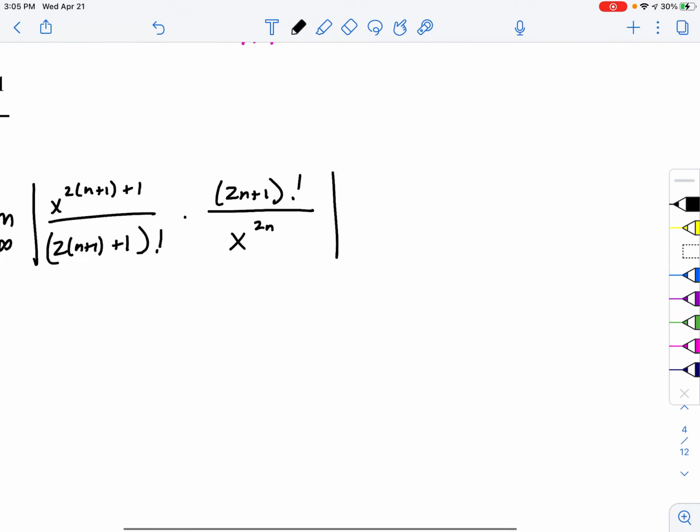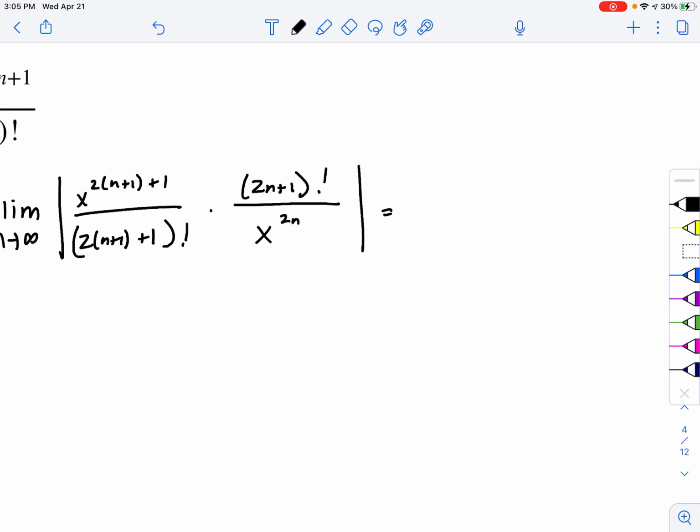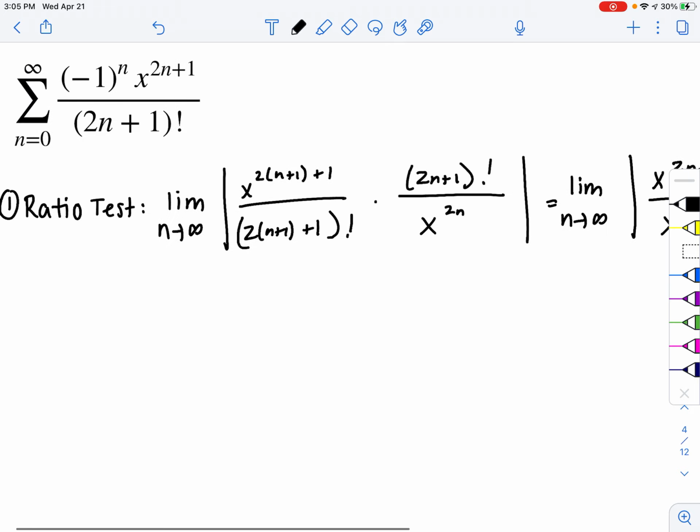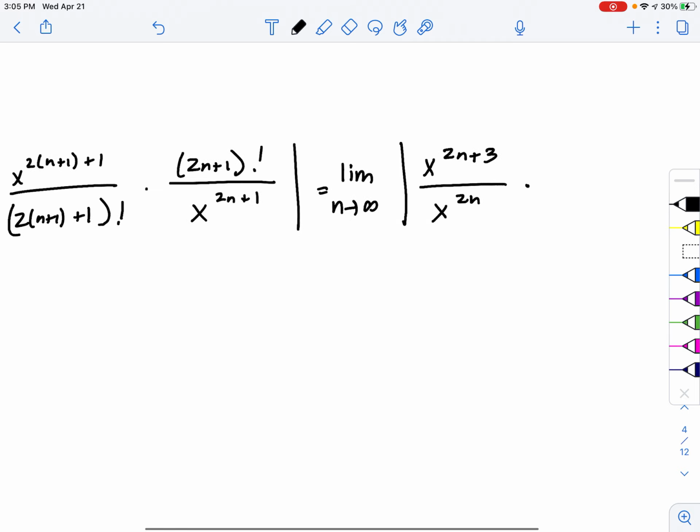Okay, so let's do a little simplification here. We got the limit as n goes to infinity of x to the 2n plus 3 over x to the 2n plus 1, because apparently I didn't type everything. There we go.